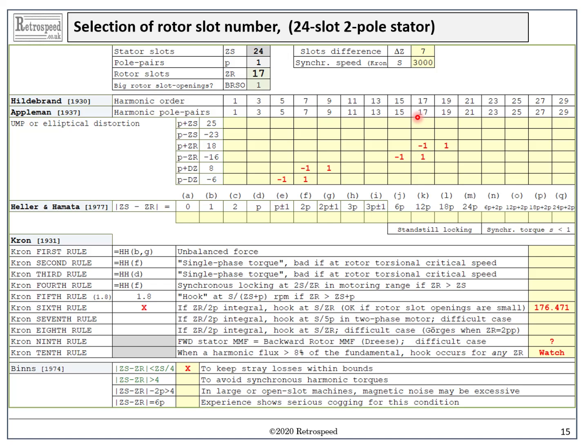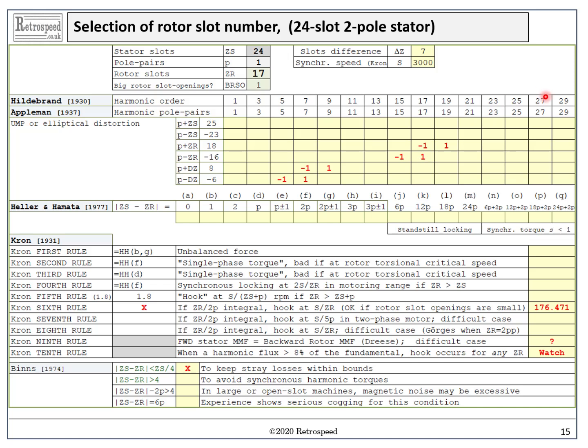The 17th stator MMF harmonic also interacts with a permeance harmonic at P minus ZR, minus 16, and the bold red type shows a difference of 1 pole pair again. The plus or minus sign indicates the direction of rotation of the resulting 2-pole flux wave.